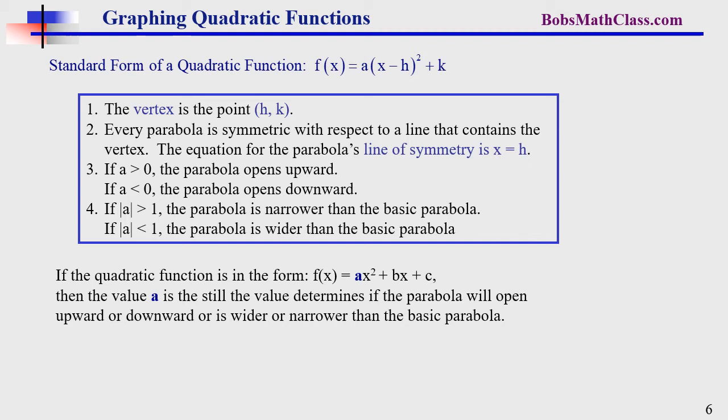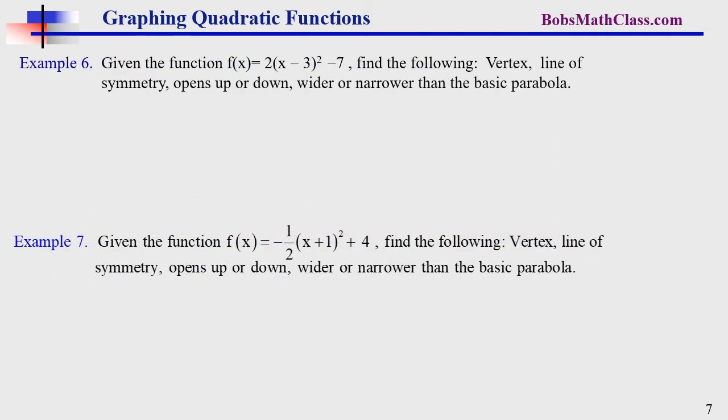Now the b and c, that's different for the function, right? The top one has an h and k, and this one has a b and c. So those are not the same, but the a is still the same a. Okay, we're just using some of the information from the previous slide.